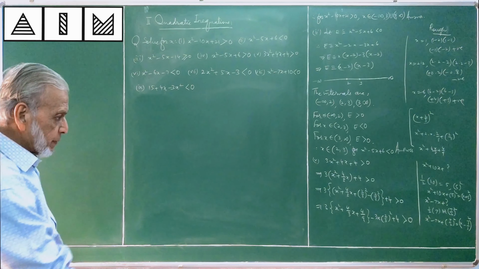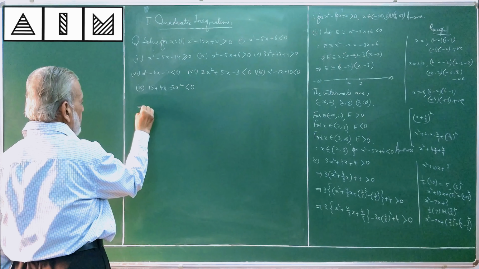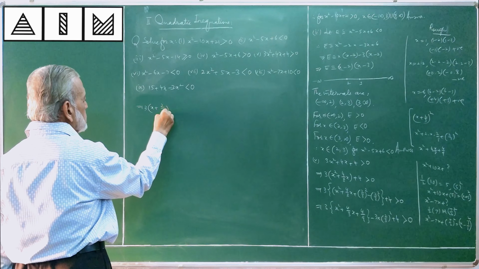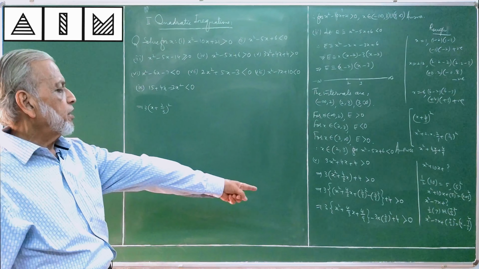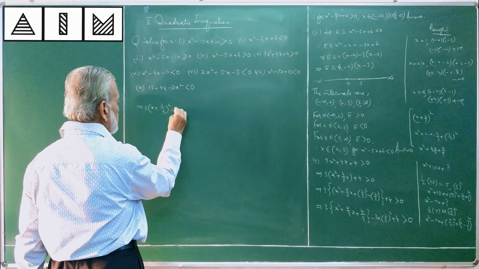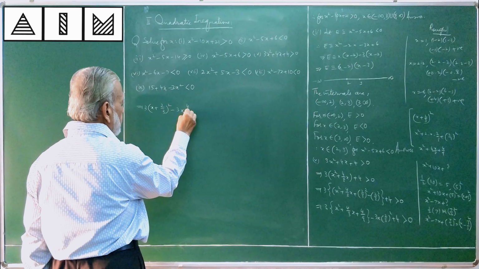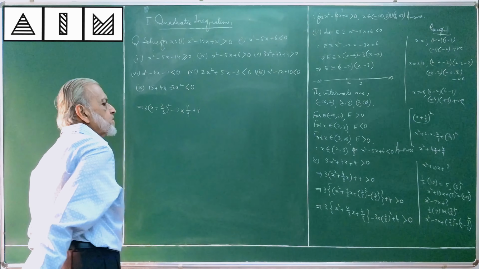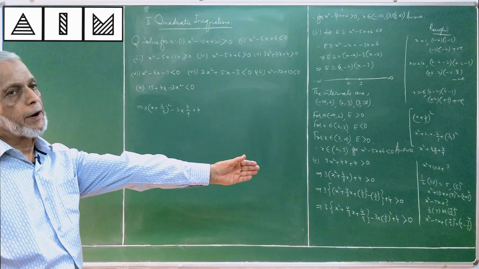Continuing the same work, please see once again. 3 times x plus 2 by 3 whole square minus 3 into 4 by 9 plus 4. Last part outside the bracket.